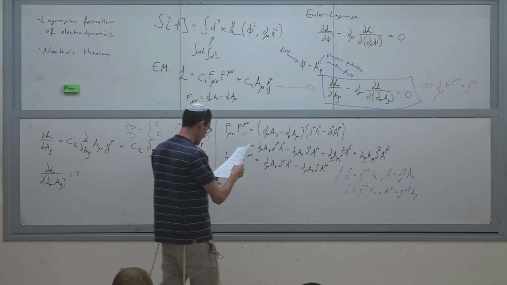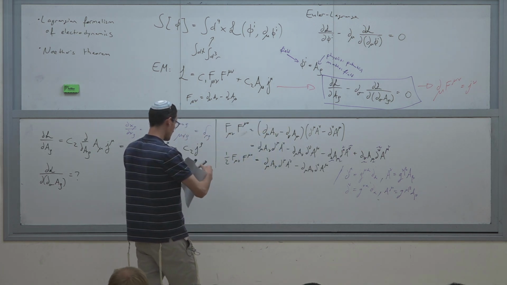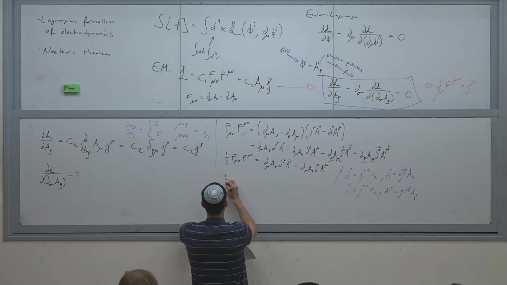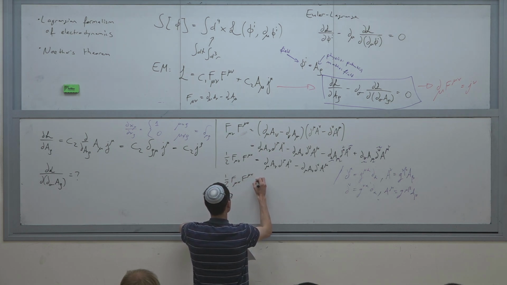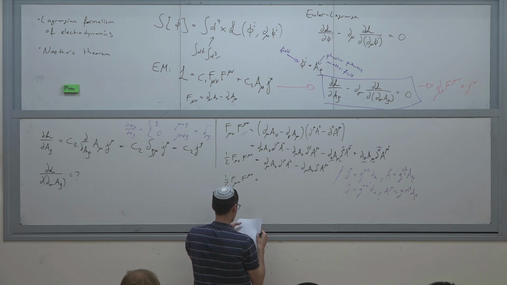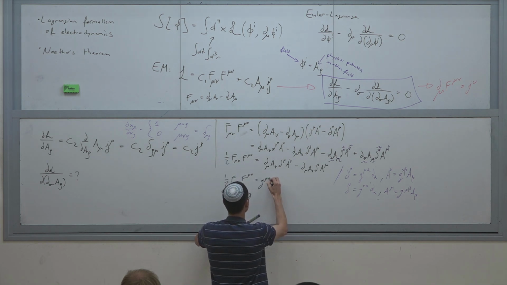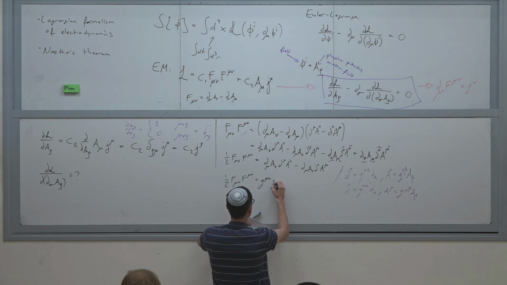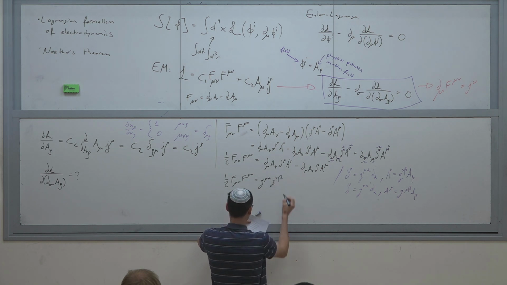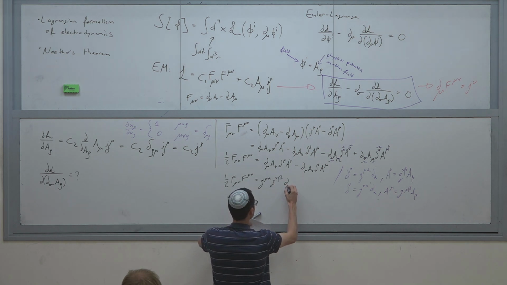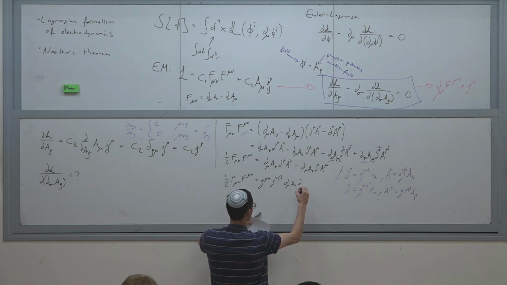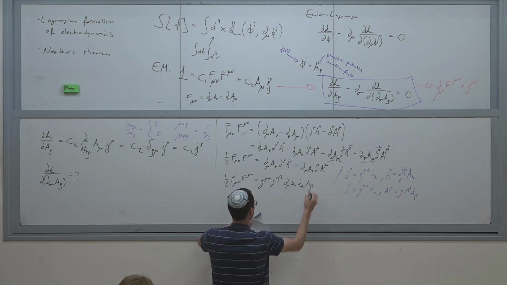So after I do that, 1/2 f mu nu is now G mu alpha G mu beta d mu a nu d alpha a beta.